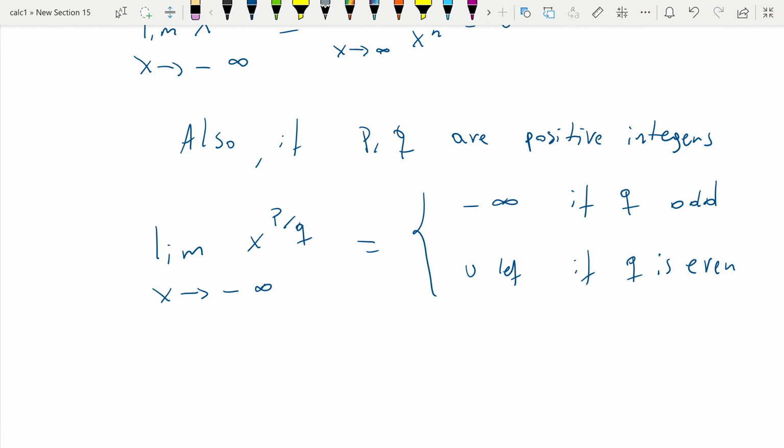So think again of the case when q is 2, so that's an even number, and p is 1, you'll be taking the square root of a negative number and then sending x to minus infinity. So you're taking the square root of minus 3, minus 4, minus 100, and asking yourself what is the limit of that.